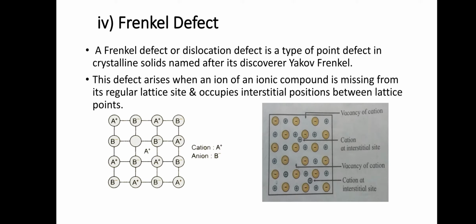Similarly, we can observe in this diagram as well. This is a cation interstitial site, whereas a vacancy is developed at the original space. Hence, a vacancy of a cation is developed at the original space, and at the cation interstitial site an extra cation is there.